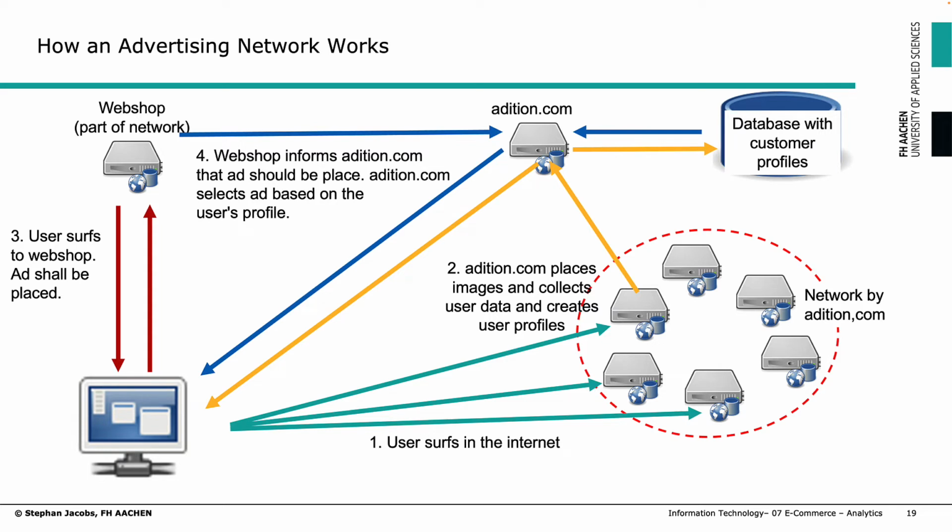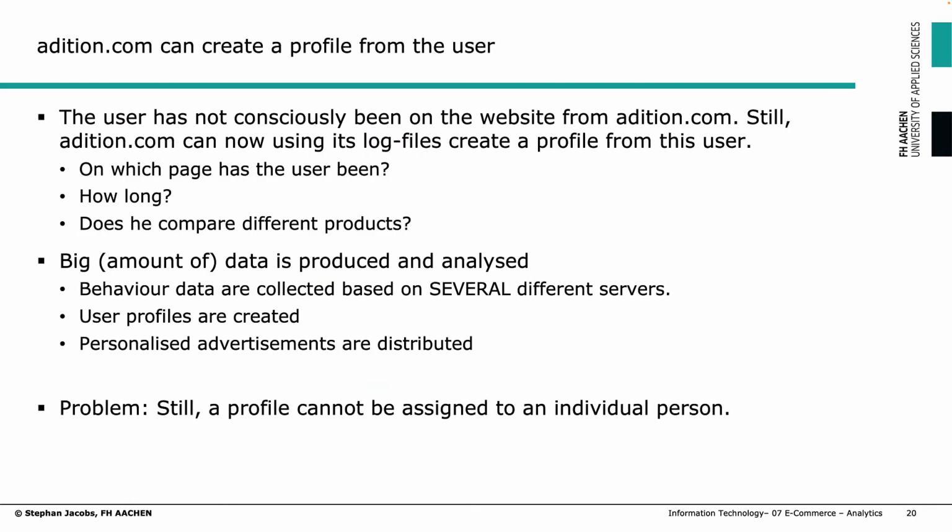This ad is selected and then displayed in the browser of the computer. The user has not consciously been on the website of edition.com. Still, edition.com knows lots about him. It has created log files and created a profile of this user.